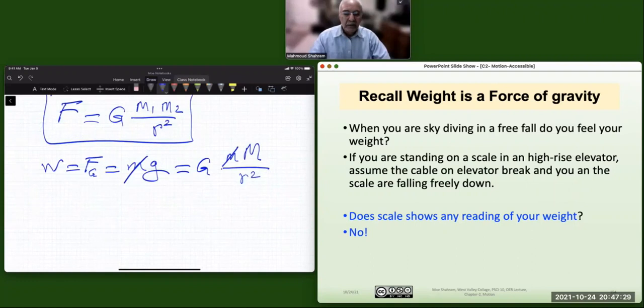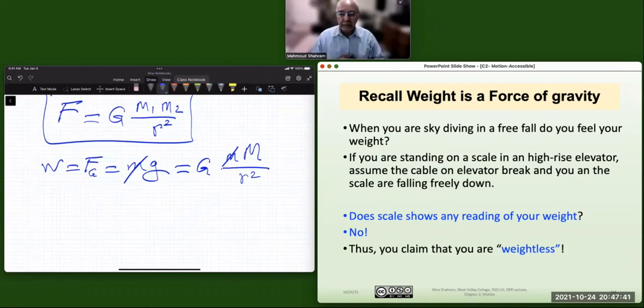Now let's see what happens when, God forbid, the cable of the elevator breaks and the elevator falls down by gravity and you're falling down by gravity. So you kind of float for a short period of time until you crash. At that short period of time, you feel weightless.